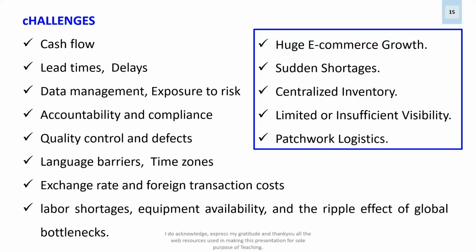If I say challenges, cash flow is one thing. You remember that in our first session we discussed that in supply chain, the goods movement is from raw material to finished good, and the cash flow is in the opposite direction, correct?